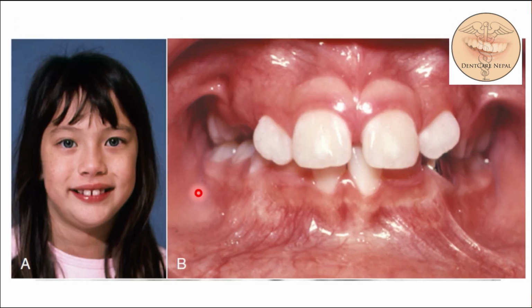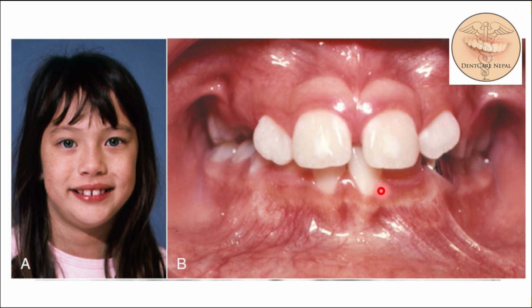Similarly, is this a transient malocclusion or not? The patient seems to be a child. The second lateral incisors have erupted, whereas the maxillary canines have not erupted yet.